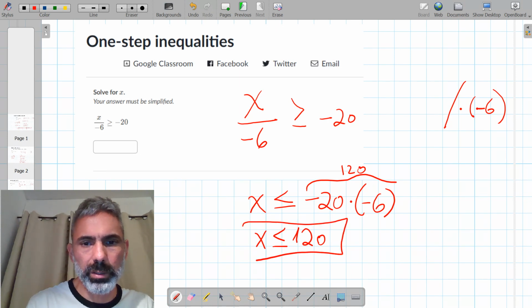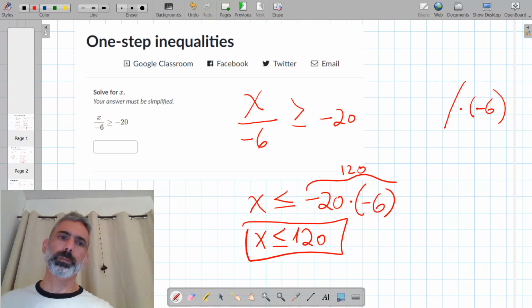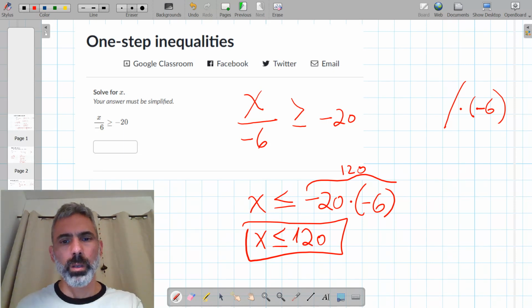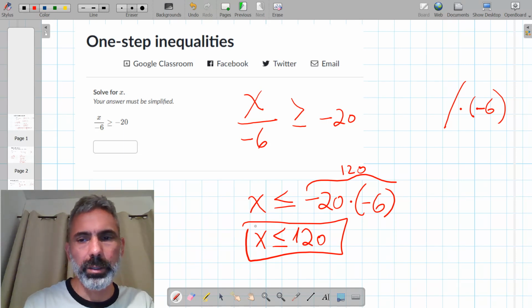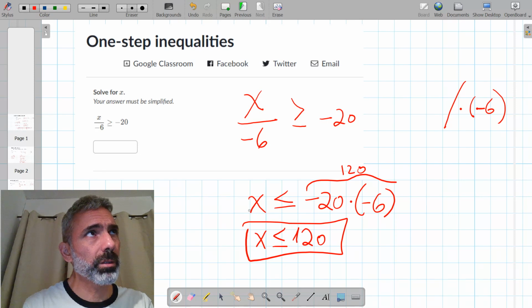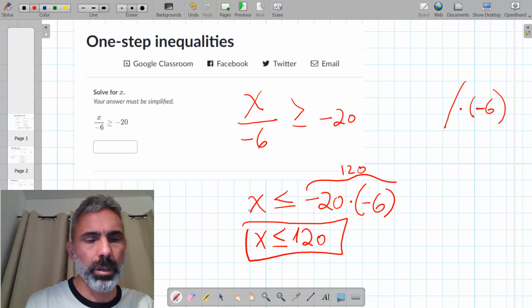So let's take, for instance, 90. 90 is not divisible by 6. Let's take 84.